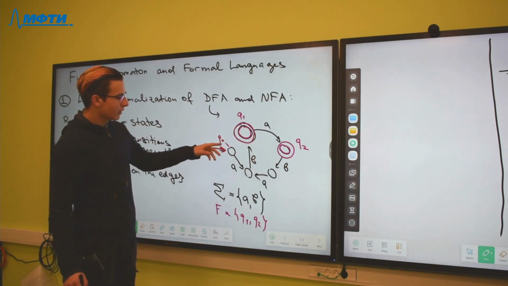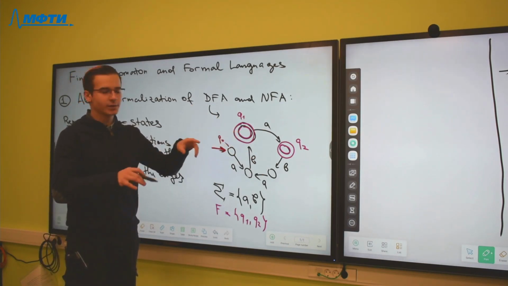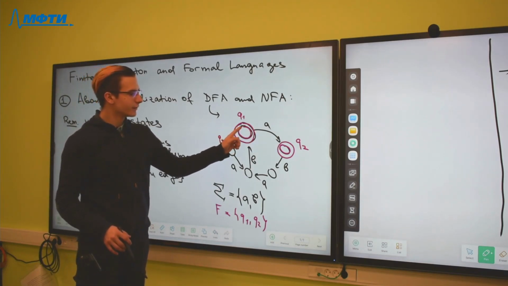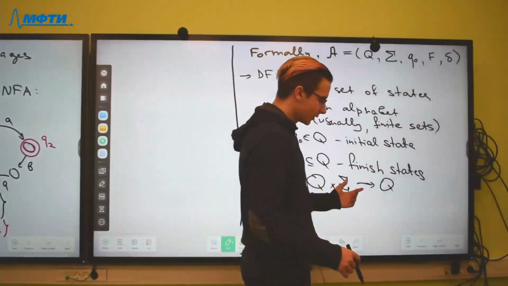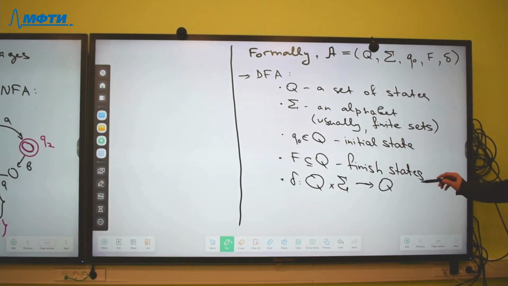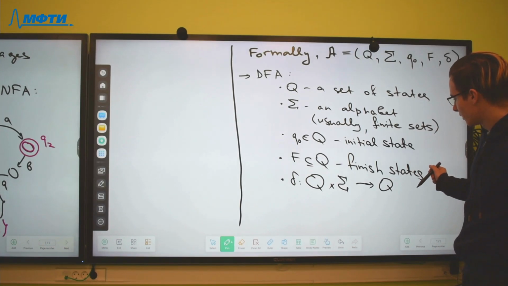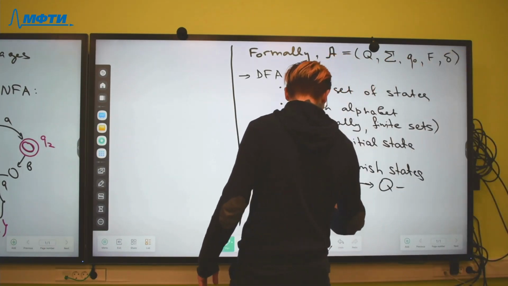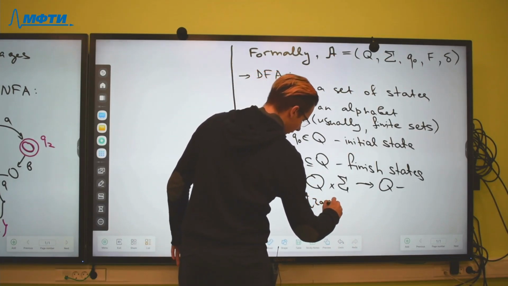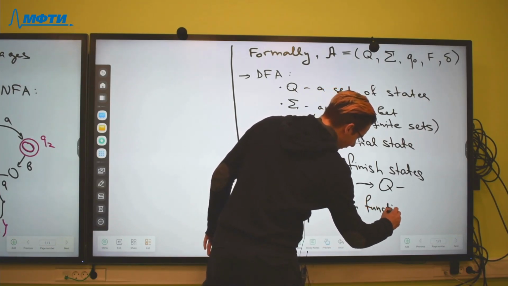So, for example, if our automaton is here and we read the character A from the string, we can change from Q1 to Q2. It is the new state of our machine. It is the transition action.